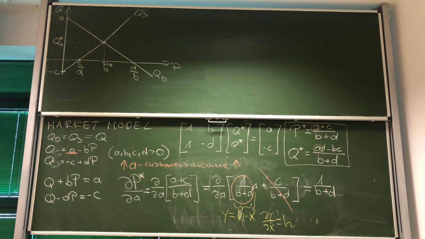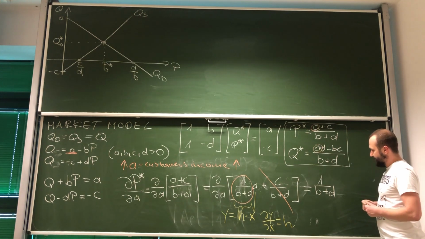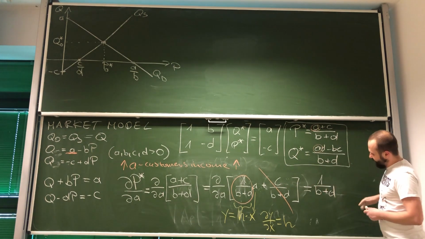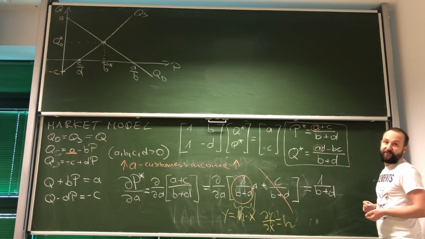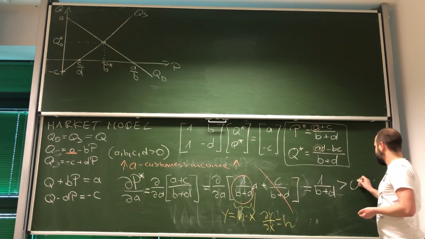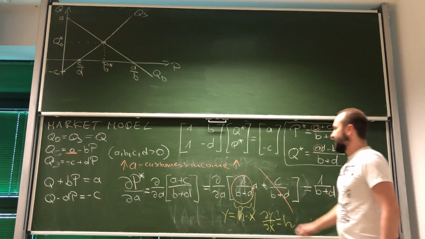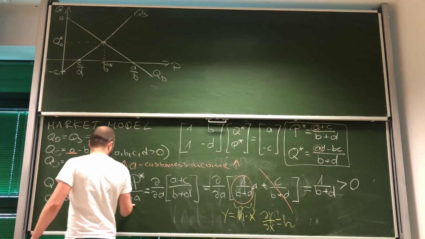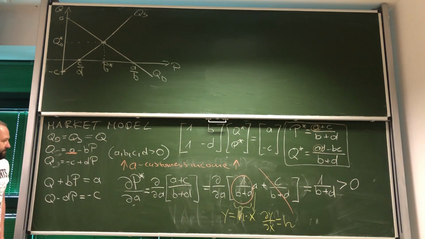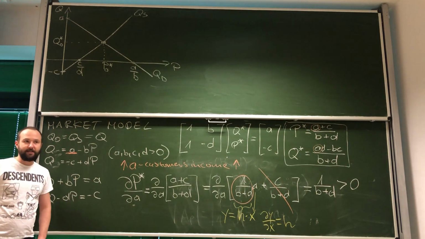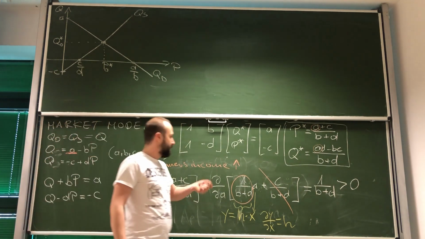plus D. What can I say about this? This expression is definitely positive. And this is a very important information to us, because it tells us that as A increases, equilibrium price goes up as well.